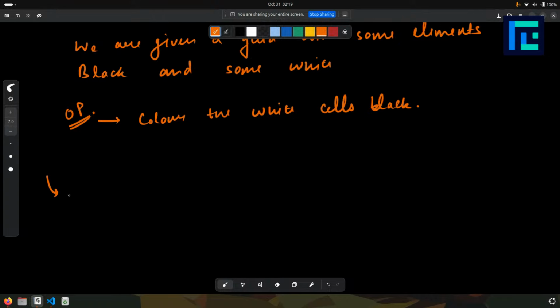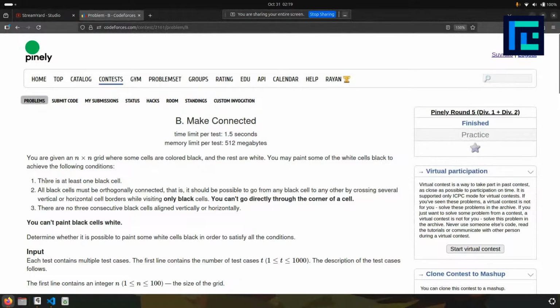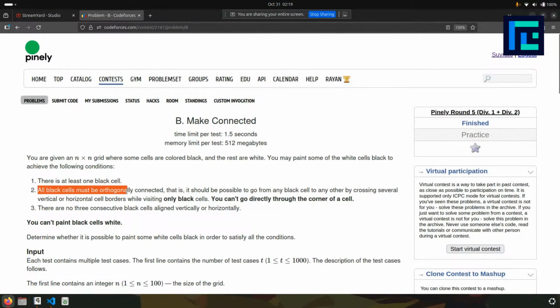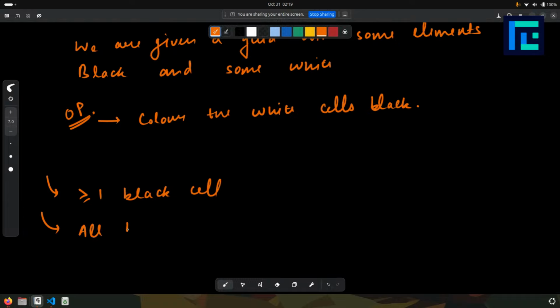So basically, the first condition given is there is at least one black cell, greater than or equal to one actually. And the next condition is all black cells must be orthogonally connected. All black cells must be connected.